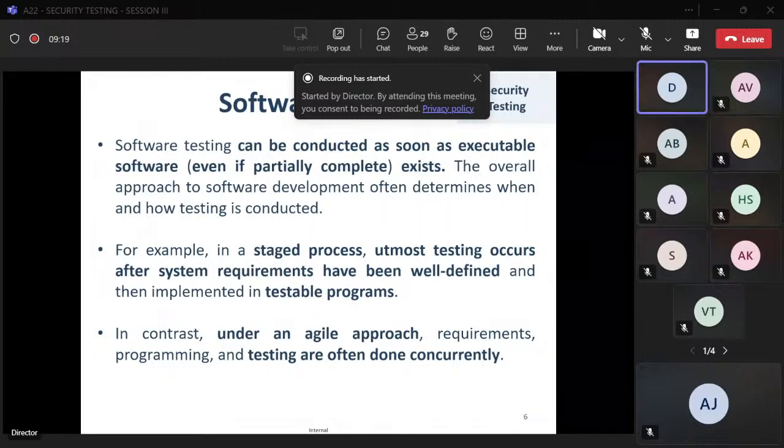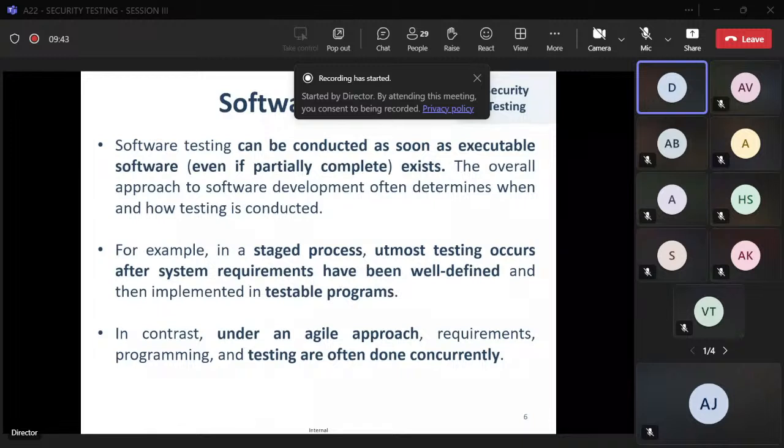There is another approach called the agile approach, right? Sometimes you will be getting the requirements on the fly. Probably you are in the middle of the application program development, and a few requests may come in even at that time, and the development team will be incorporating those requirements also.